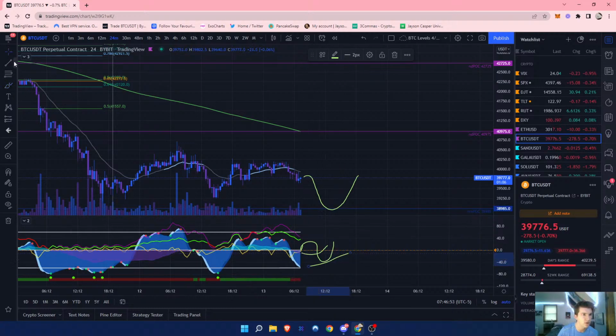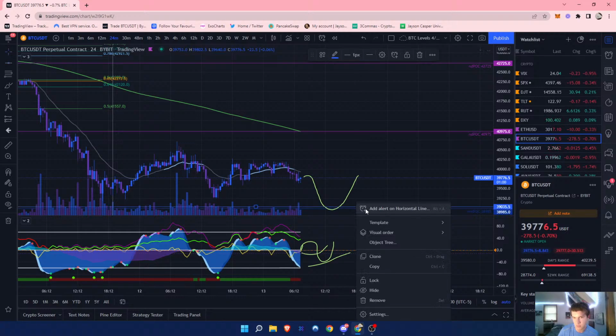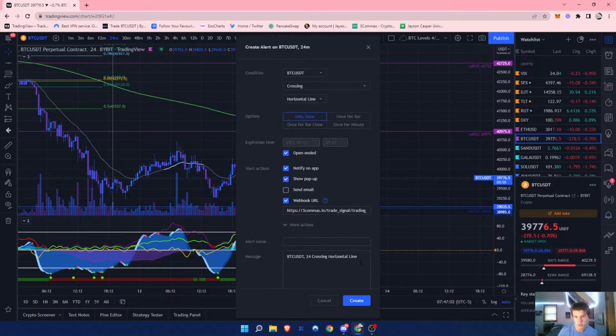What I'm going to do is put a horizontal line just above that level, then right click on it and add an alert on that. So: look for long on 24-minute.